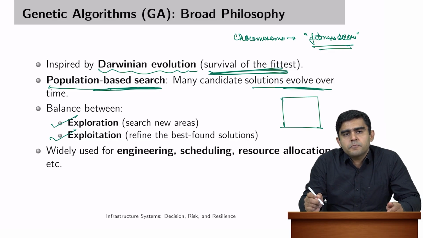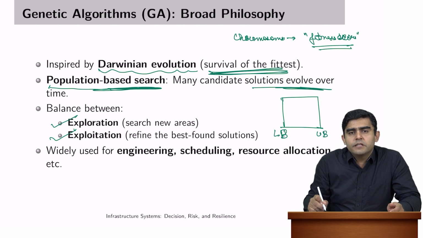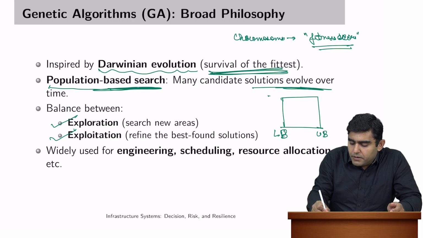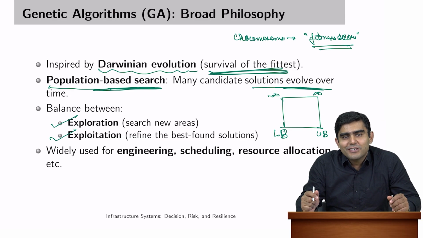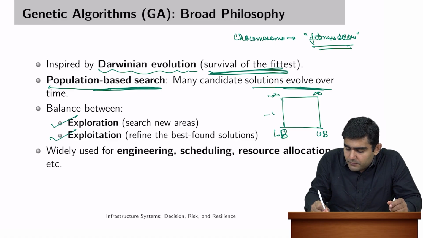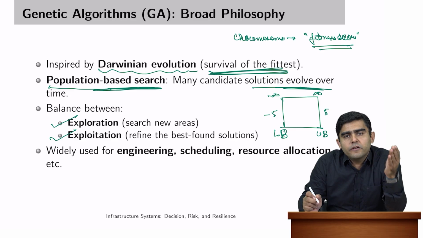When I say search-based algorithms, I mean that I will be searching for my solution within some lower bound and upper bound. This lower bound and upper bound could be minus infinity to infinity if I have a lot of computational resources, or it could be based on some understanding of the domain that, hey, this particular variable only varies from minus 5 to 5, for example.